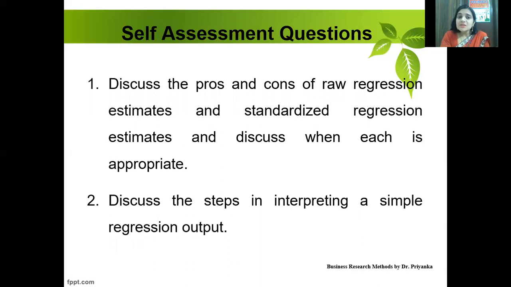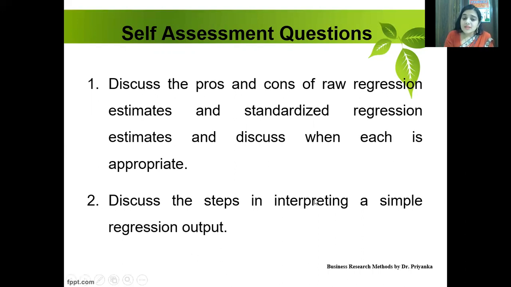But a standardized regression coefficient provides a common metric, allowing regression results to be compared to one another, no matter what the original scale range may be. So standardized regression estimates should be used when the researcher is testing an explanatory hypothesis, when the purpose of the research is more explanation than prediction. But if you are going to actually predict something, then you will be using raw regression estimates.